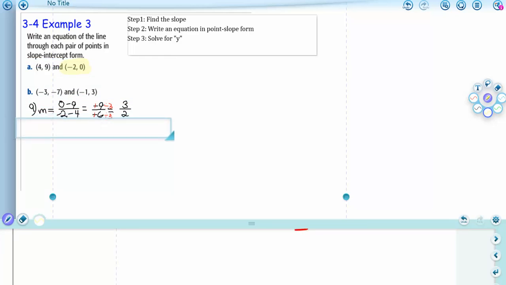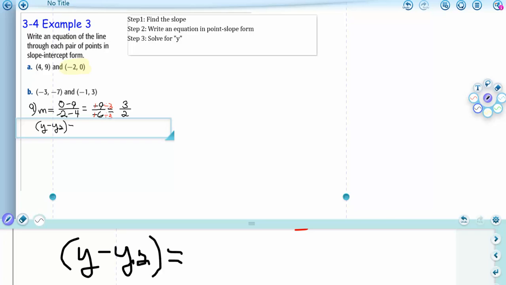So if you remember, point slope form is, in parentheses, y minus, in this case I'm using the second point, so y sub 2, equals the slope times x minus, and again I have to use the same point, so that's x sub 2.